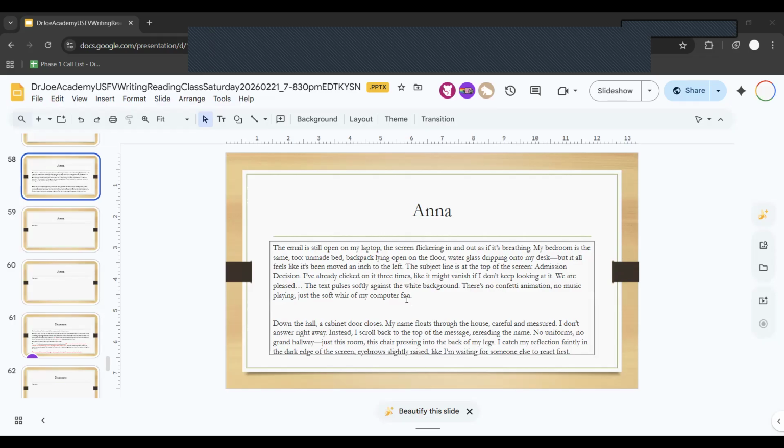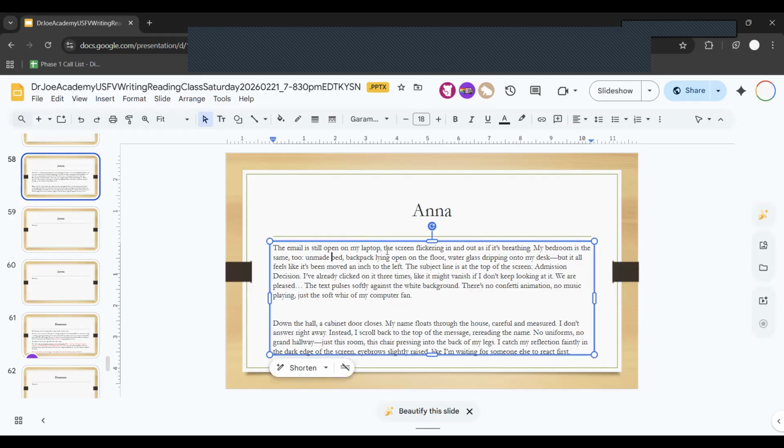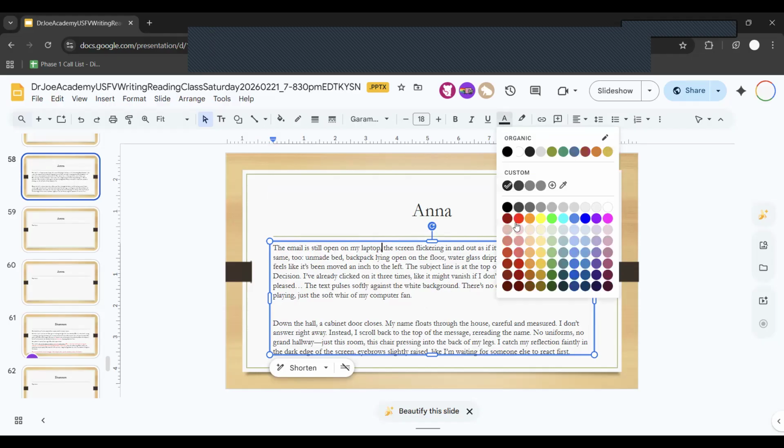Okay, I just want to go over some changes with this response. In terms of this sentence, "the email is still open on my laptop, the screen flickering in and out as if it's breathing," it's two different independent clauses. So therefore, when you put the comma, it becomes a comma splice.